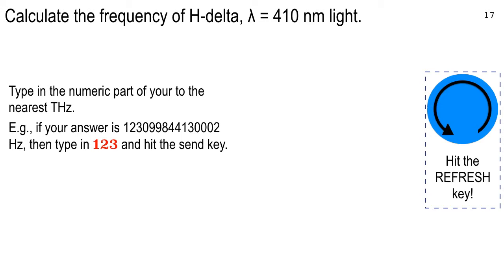And make sure, give it a try with scientific notation on your calculator. Just round to the nearest terahertz. So whether it's rounding down or rounding up just depends on what that last significant figure is.